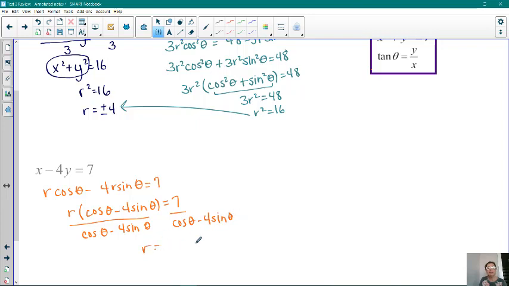When we get done, we have r is equal to 7 divided by cosine theta minus 4 sine theta. And that's the equation in polar form.